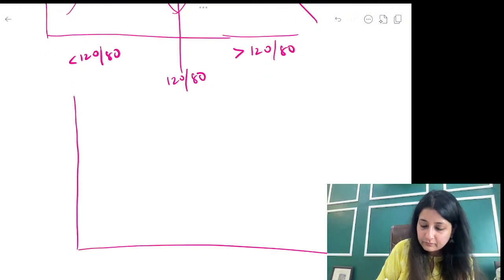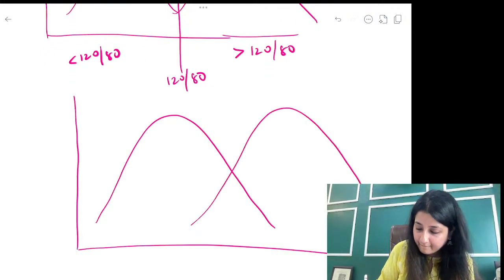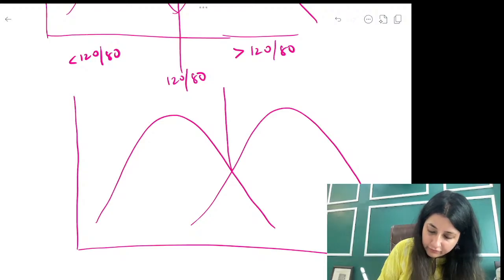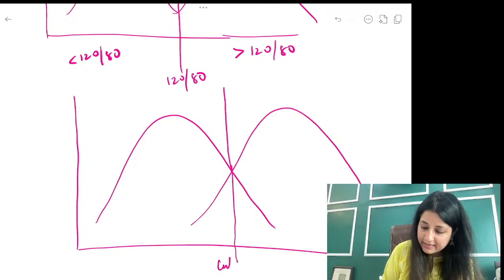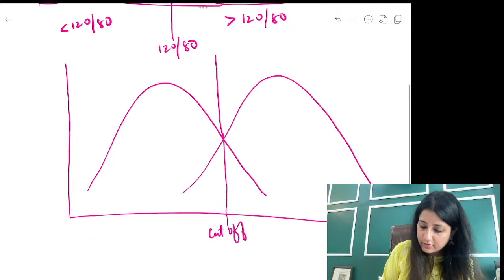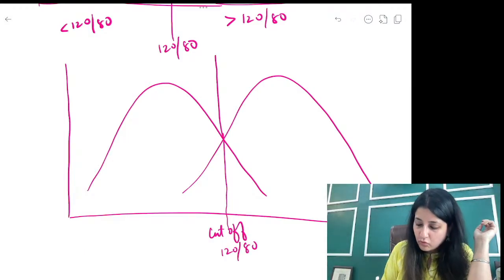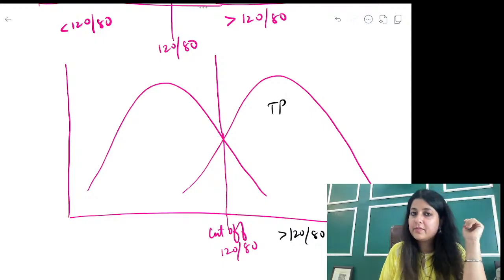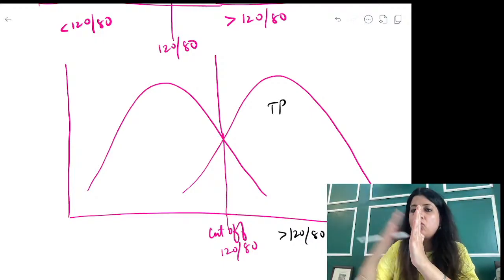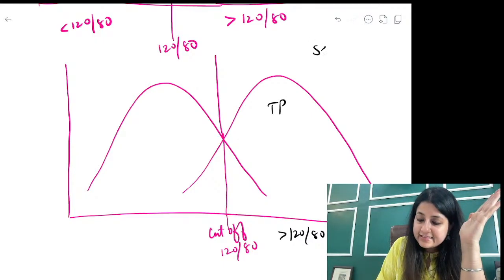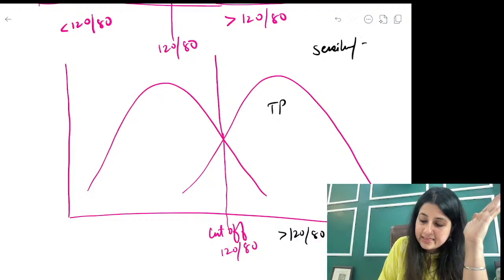See, this is your cutoff. Now you will label the areas. My cutoff is 120/80. So all those who are more than 120/80 are true positives. But what is sensitivity? Sensitivity is TP upon TP plus FN.